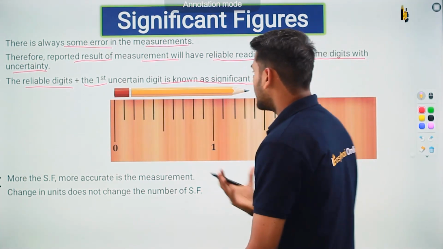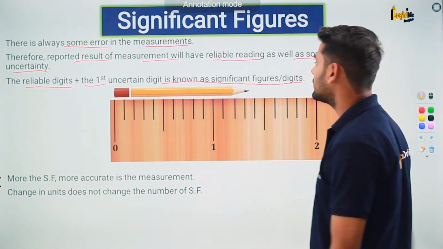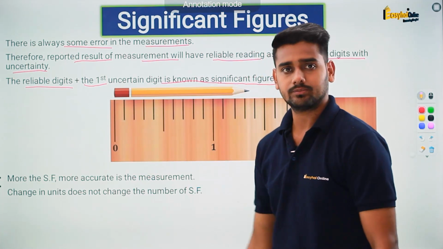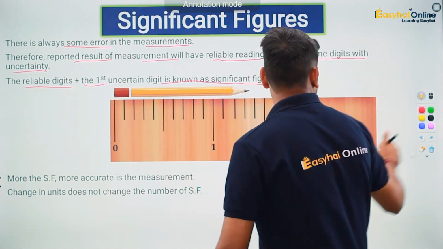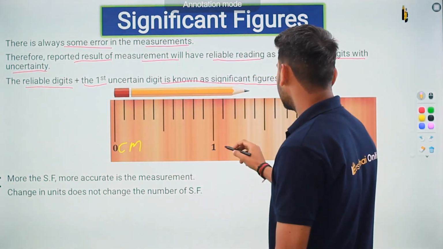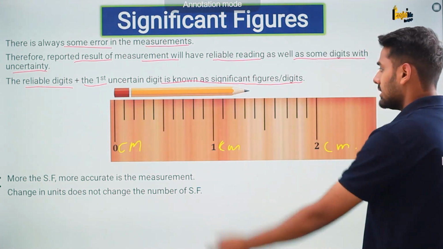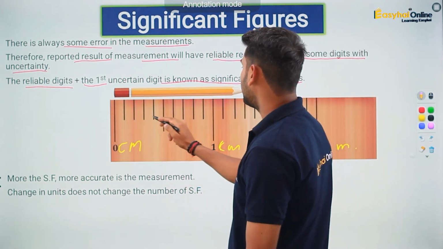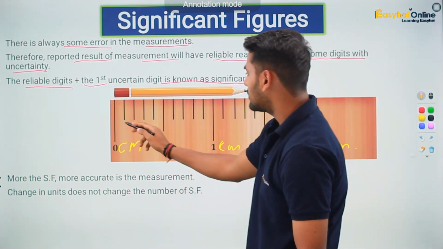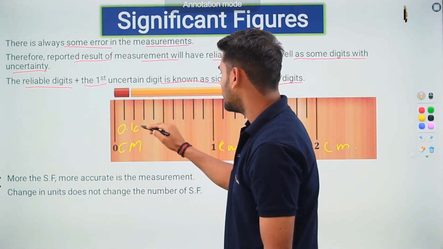We'll try to understand this with an example. Here you can clearly see that I want to measure the length of this pencil. This pencil is kept at the 0 reading right here, and let's say this is a centimeter scale: 0 centimeter, 1 centimeter, and then 2 centimeter. In this device, you can clearly see 1, 2, 3, 4, 5. So basically there are 10 readings between any two. So the least value is going to be 0.1 centimeter.